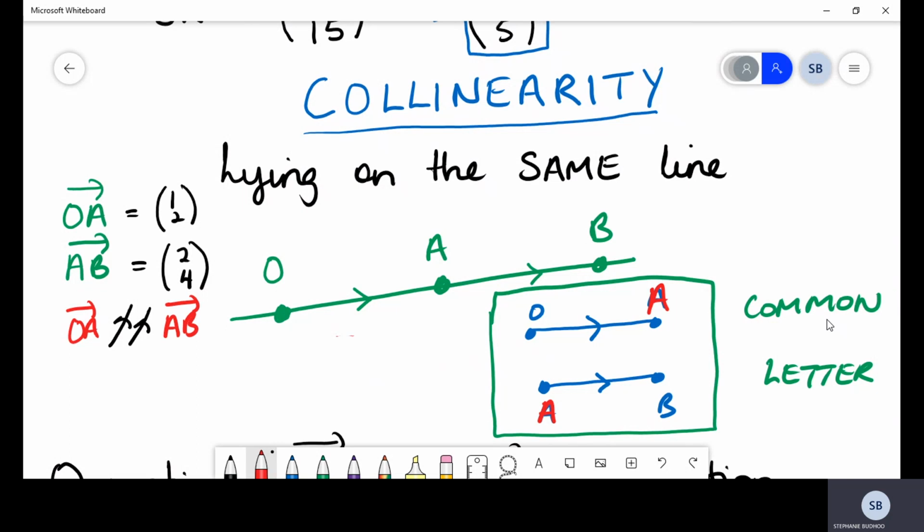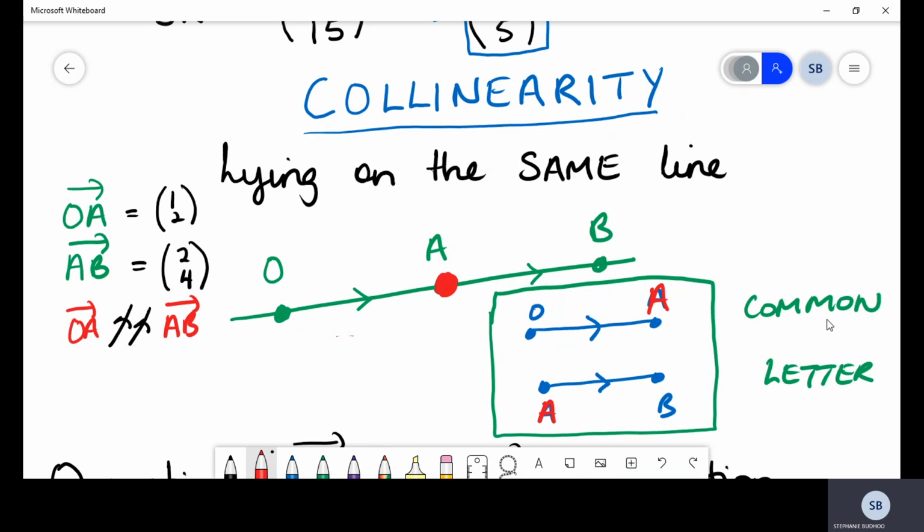You see, for collinearity to take place, whenever two vectors are parallel to each other but contain a letter that's in common to both lines, then the only possible way for us to draw this information on a diagram would be by representing these 3 points on one straight line.